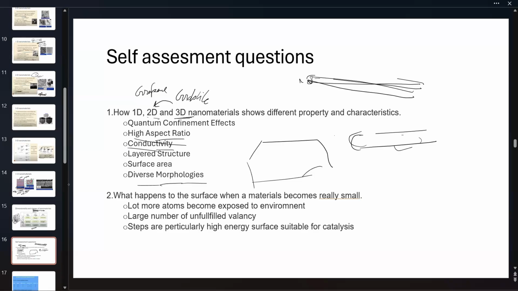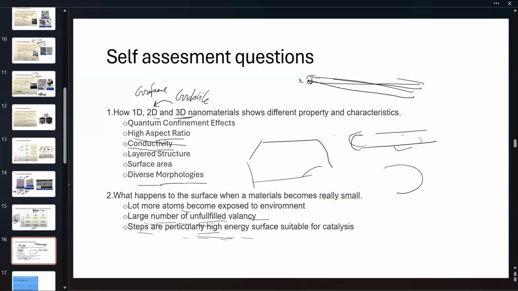What happens to the surface when it becomes really small? If the particle becomes really small, a lot more atoms sit on the surface. So more atoms are exposed to the environment, and those atoms sitting on the surface have unfulfilled valences, so they're really reactive. It's a particularly high energy surface, suitable for catalysts.